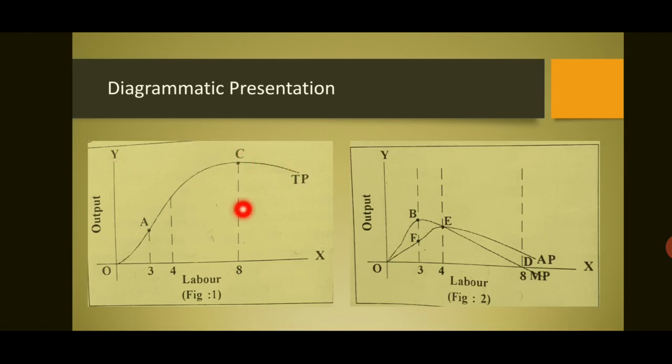After the 8th labor, we are going to lose our production. That is, our average production is becoming negative. So after the 8th labor, one additional labor is not going to produce more.